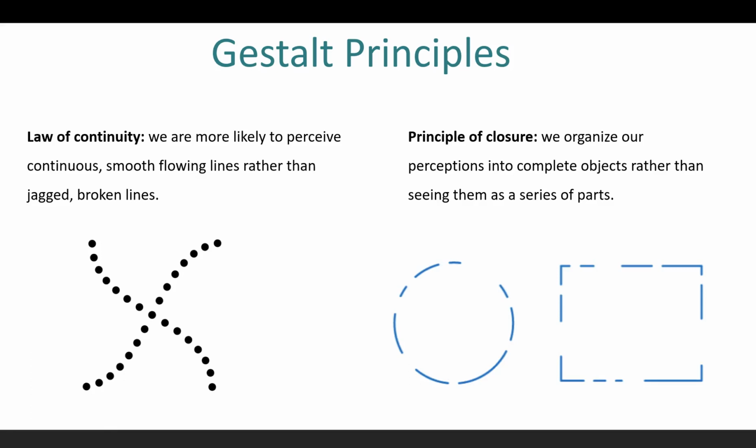And even though this circle and rectangle is not connected, visually, we can determine that this is a circle and that this is a rectangle, even though the lines and the parts don't connect. And so we tend to organize our perception of, for this example, a circle, rather than looking at the individual lines themselves.